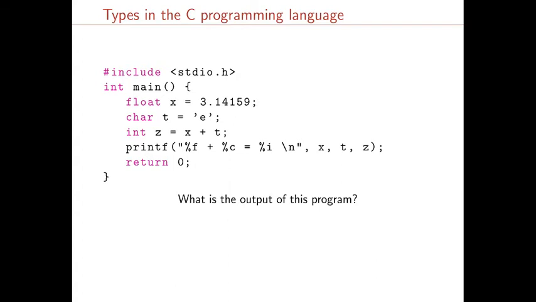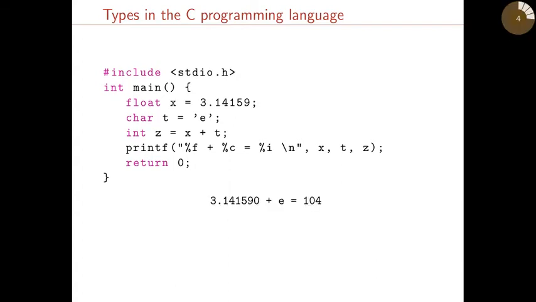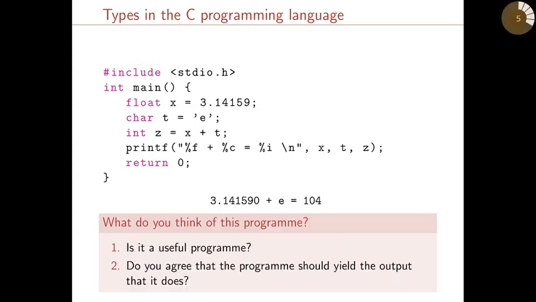Okay, so let's look at what the output of this program is. The output is 3.14159 plus e equals 104. Are you surprised? I certainly was when I saw this. I want you to think about the following questions.